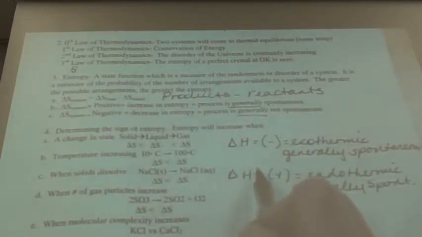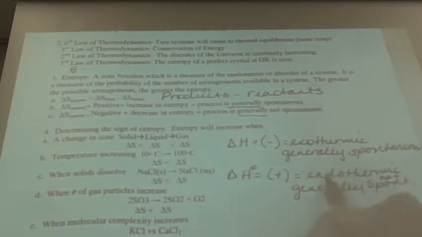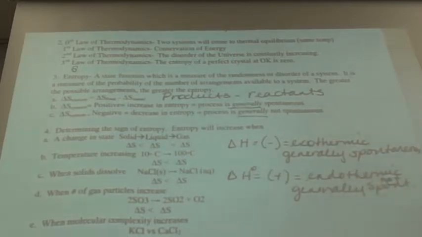Now, I can think of a delta H at standard conditions that's endothermic and spontaneous. Generally not spontaneous, sorry. Endothermic is generally not spontaneous. One example that is spontaneous is the melting of ice.